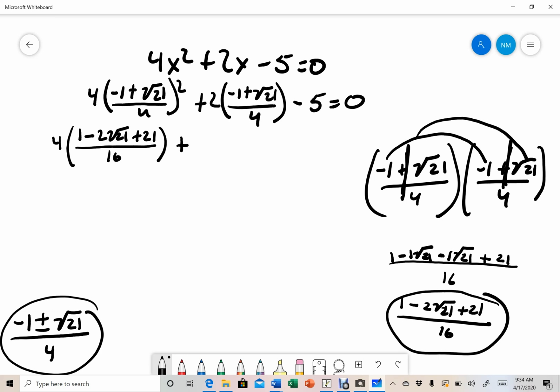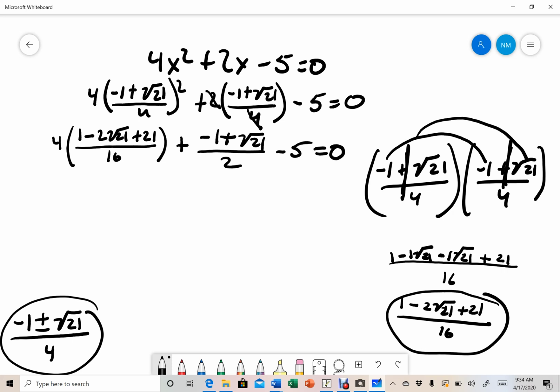Okay, then here, I don't have to square anything, but my 2 and my 4 can reduce out. Okay, so now I have negative 1 plus the square root of 21 over 2, because 2 goes into 4 2 times, minus 5 equals 0.